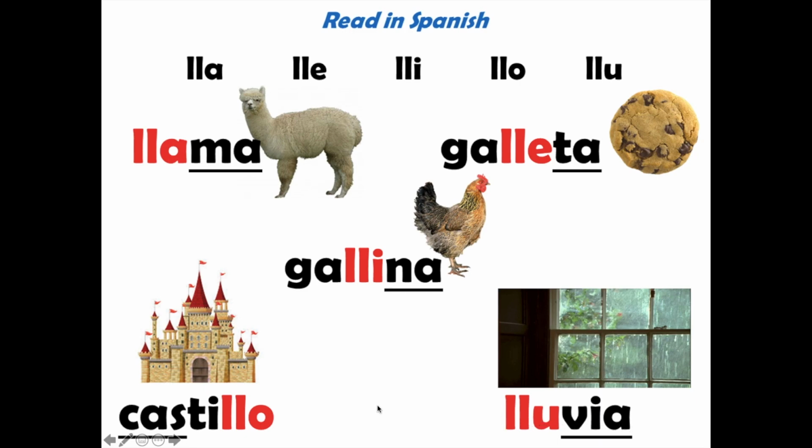Now, I know you say llama or gallina or castillo with a Y sound, but you can actually say it like an I or that J sound. That's the correct sound for it.